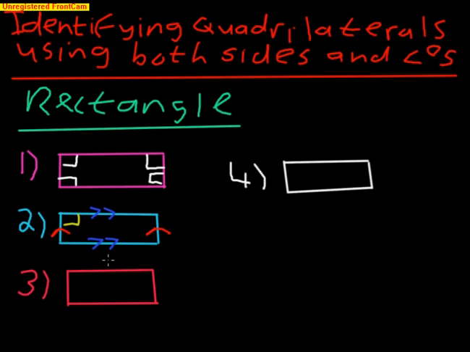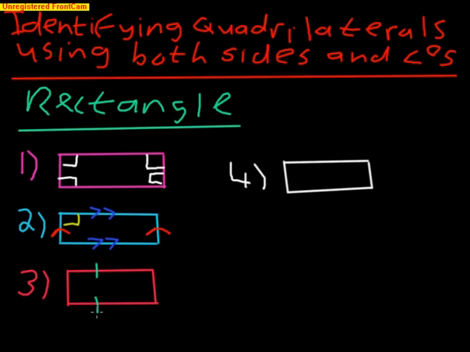The third way that we can classify a quadrilateral uniquely as a rectangle is if both pairs of opposite sides are equal.